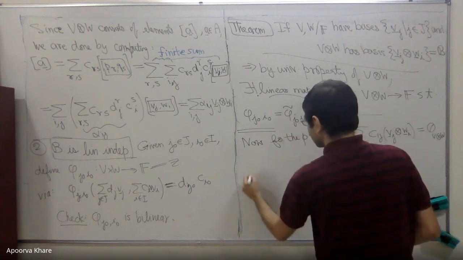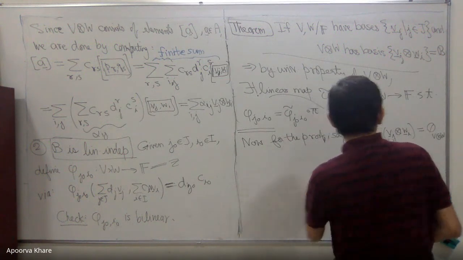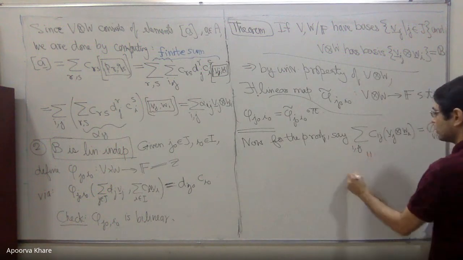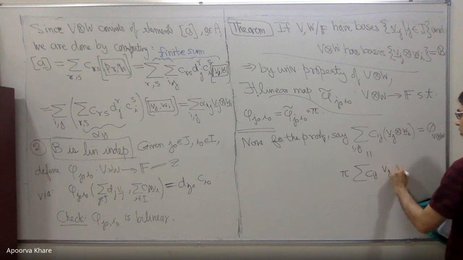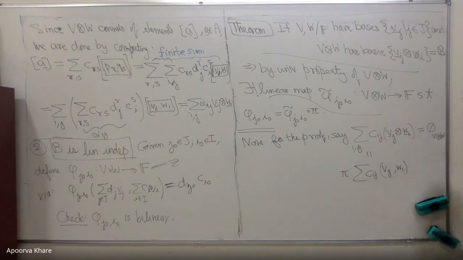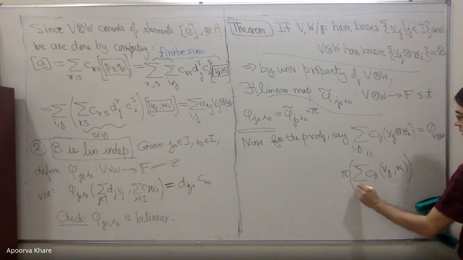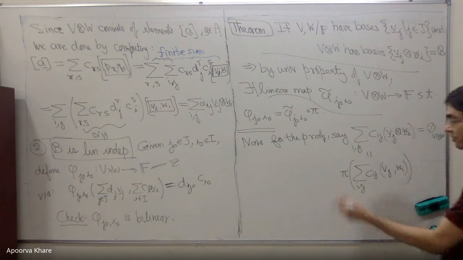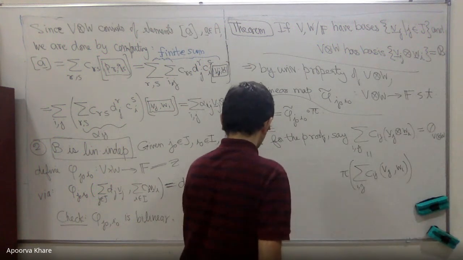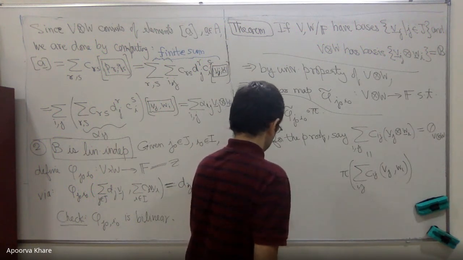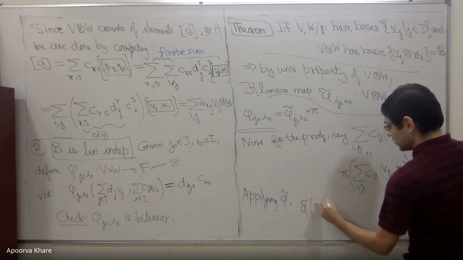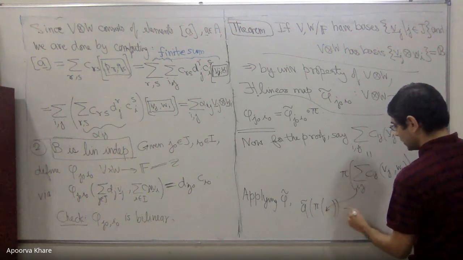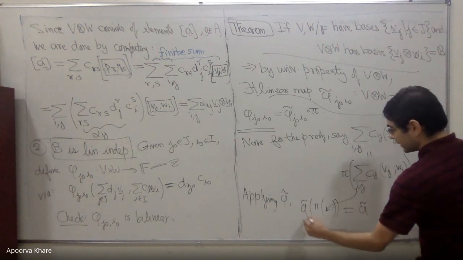But what is this thing? This is equal to pi of the summation Cij Vj comma Wi. That's exactly what pi of this is. So applying phi tilde, we get phi tilde of pi of this expression.